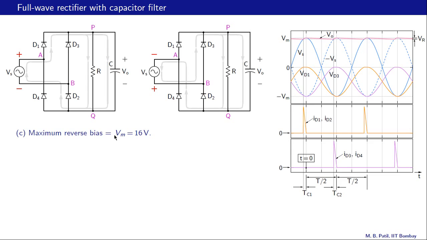So that's how we get the maximum reverse bias across D1. It happens to be Vm, and that is 16 volts. And that is true also for the other diodes. The SPICE file for this circuit is available, and you can run the simulation.